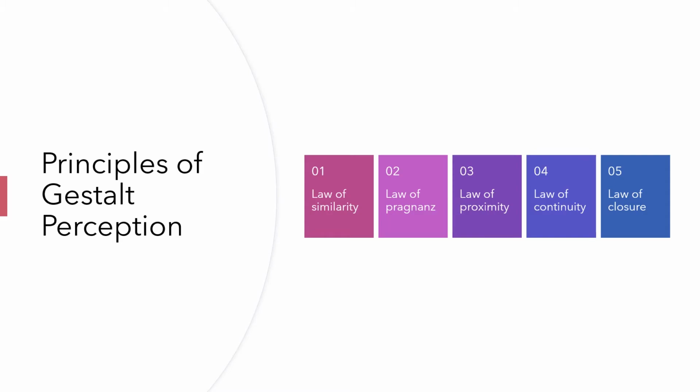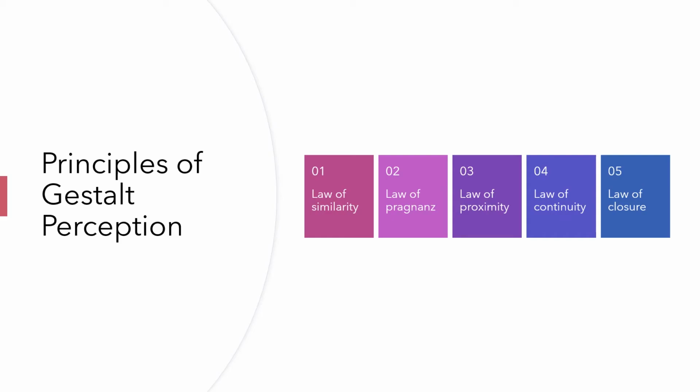So next we have principles of Gestalt perception. Some of the most basic perceptual processes can be described by a series of principles that focus on the ways we organize bits and pieces of information into meaningful wholes.